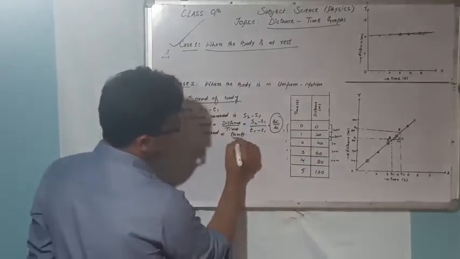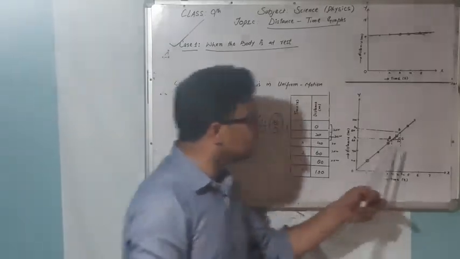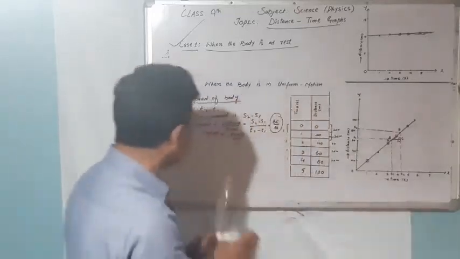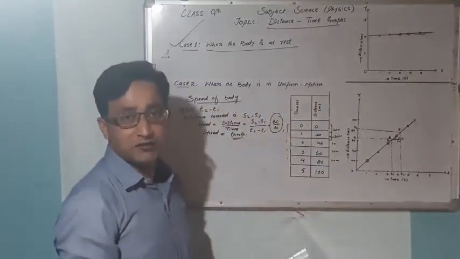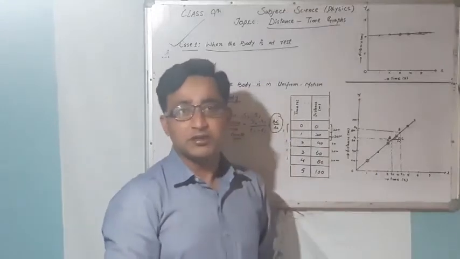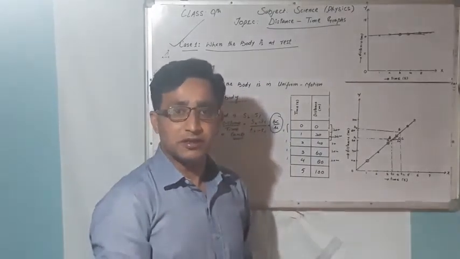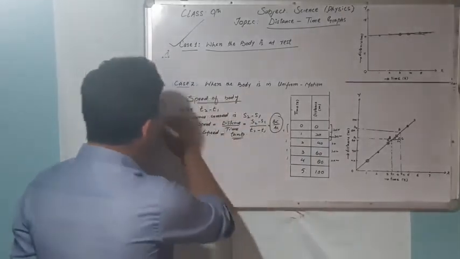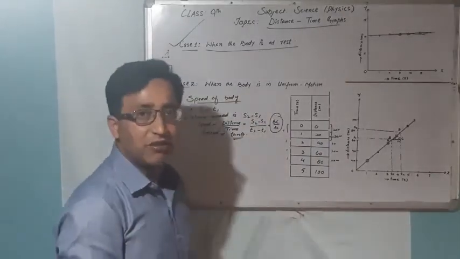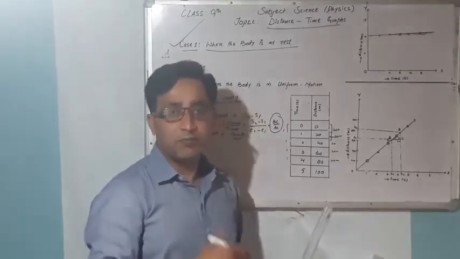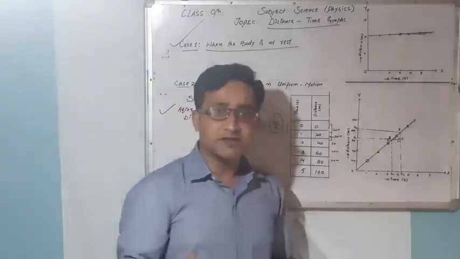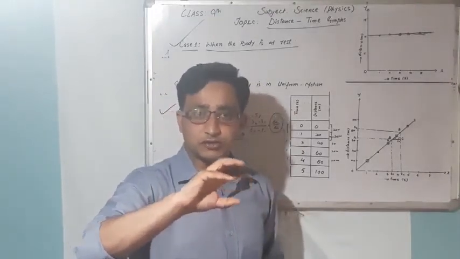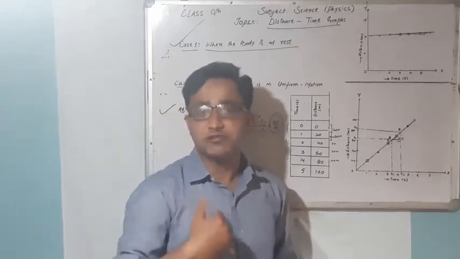This tan theta represents the slope of the graph, and this slope gives the speed of a body when it is moving in uniform motion in this distance time graph. So from this distance time graph we can calculate the speed of a body. Here we find that the speed is always equal to the gradient or slope of the graph, which in this case is tan theta.